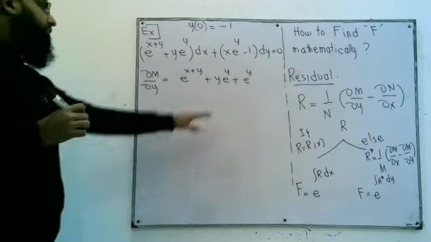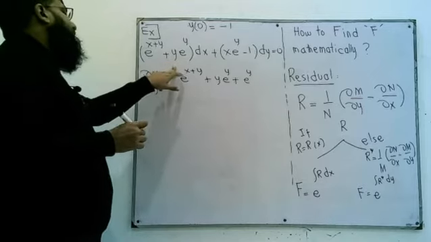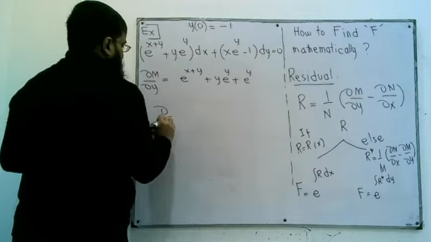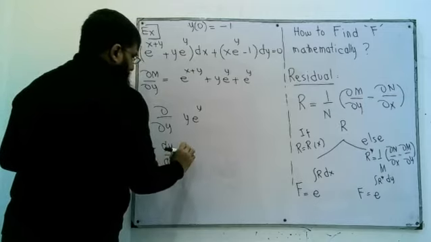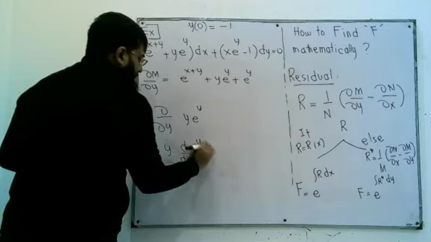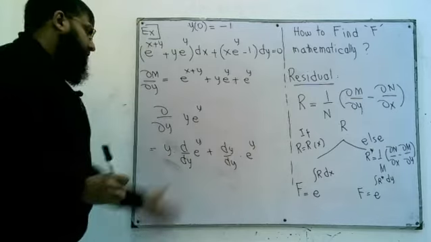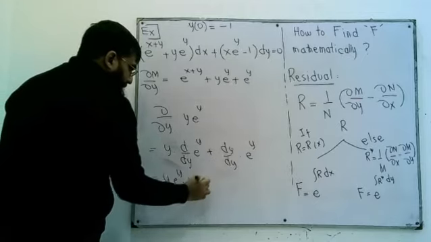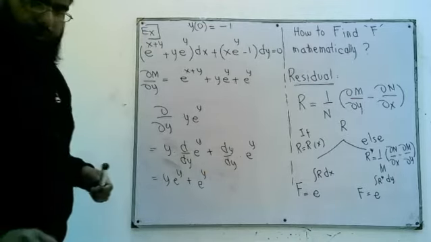This is how we use the product rule we learned in school and college: if we have two functions of your variable y being multiplied with each other and you want to compute the derivative of y e to the y, you keep the first as such and compute the derivative of the second, plus you compute the derivative of the first and keep the second as such. So this is what we reach.